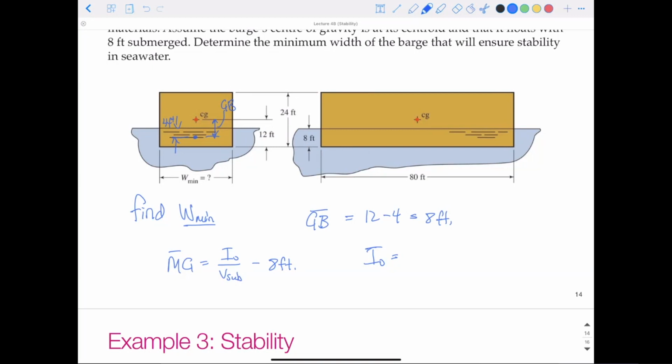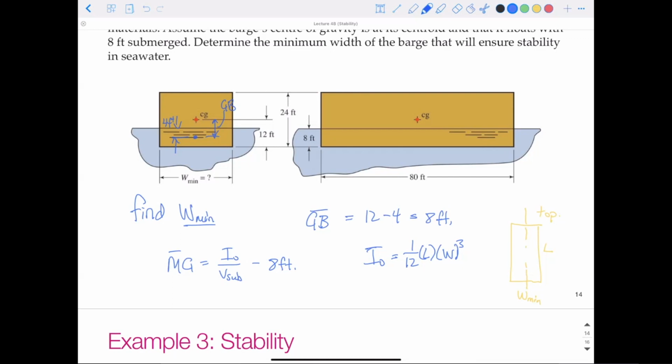It's going to be some dimension times some dimension cubed divided by 12 because we have a rectangular barge. Yeah, so it'll be that length, 80 feet, times our width, W, to the power of 3 divided by 12. So 1/12 length times W cubed.